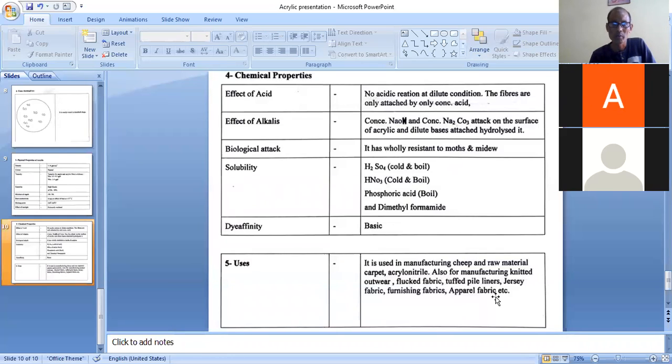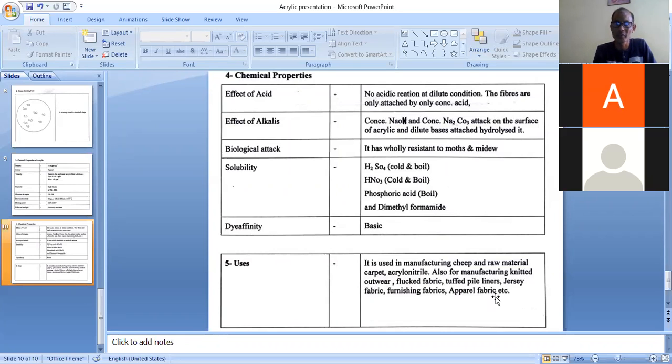So the man-made fibers. Again, reminding you, we have covered viscose from the category of cellulosic regenerated man-made fibers, acetate from the category of modified cellulosic regenerated man-made fibers, and nylon 6, nylon 66, polyester, and acrylic from the category of synthetic fibers.